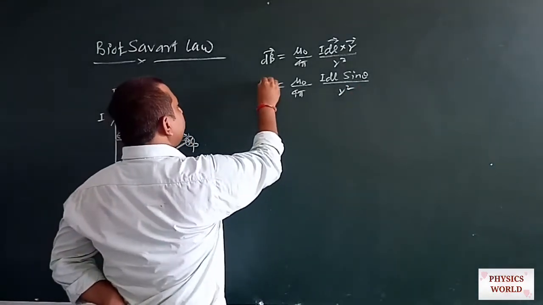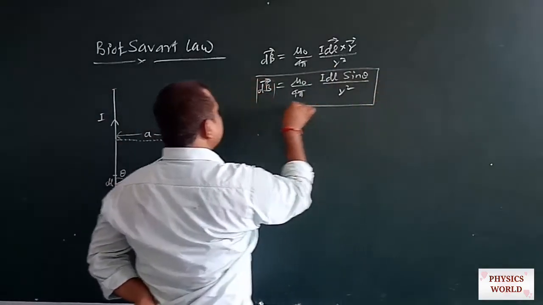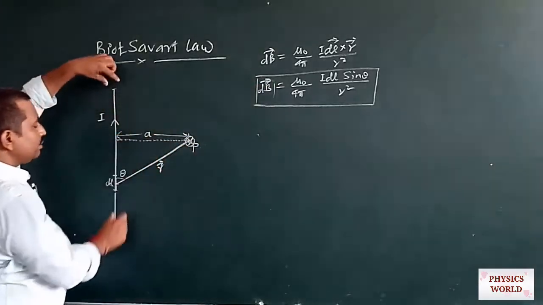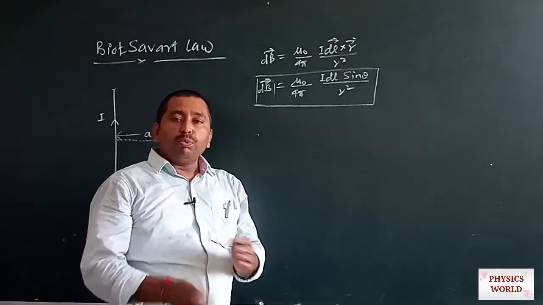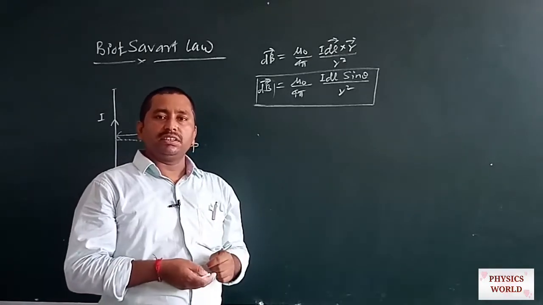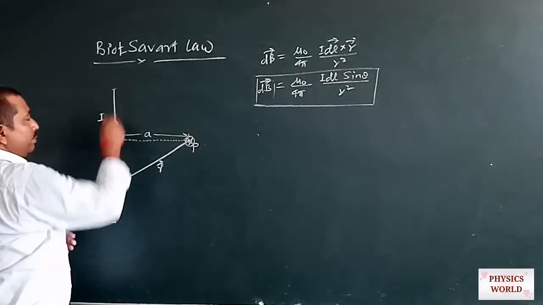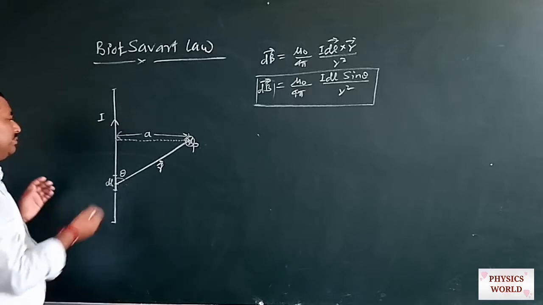So if we want to know more about this magnetic field due to the total length of the wire, then we have to integrate this. But with respect to what do we integrate it? First we want to calculate the factor over which we can take the integration.